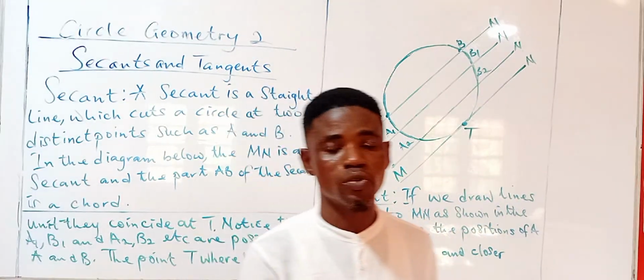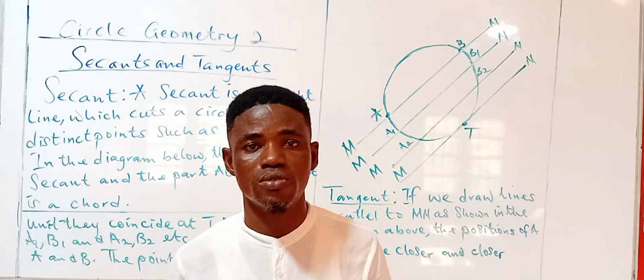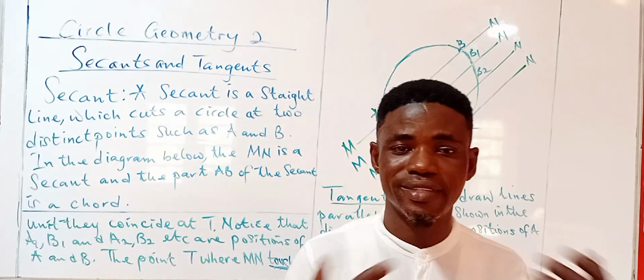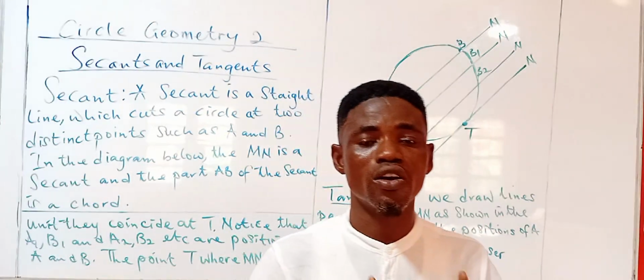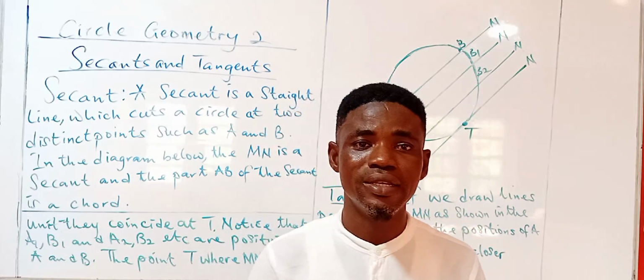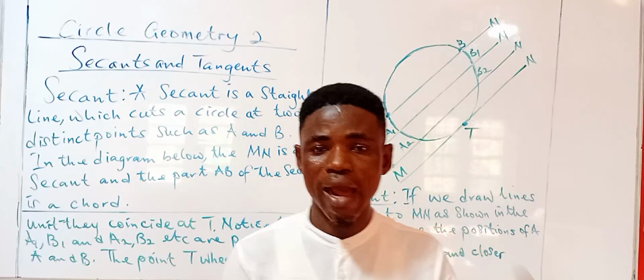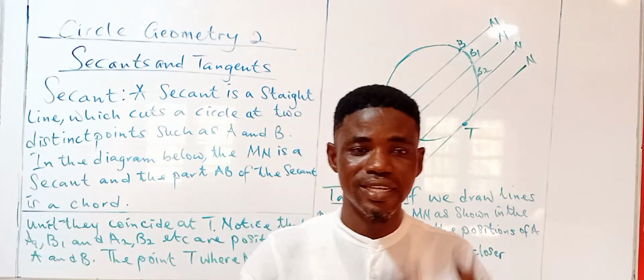Then after that, we considered the angles in a circle, and also the angle in a semicircle, which is always 90 degrees.